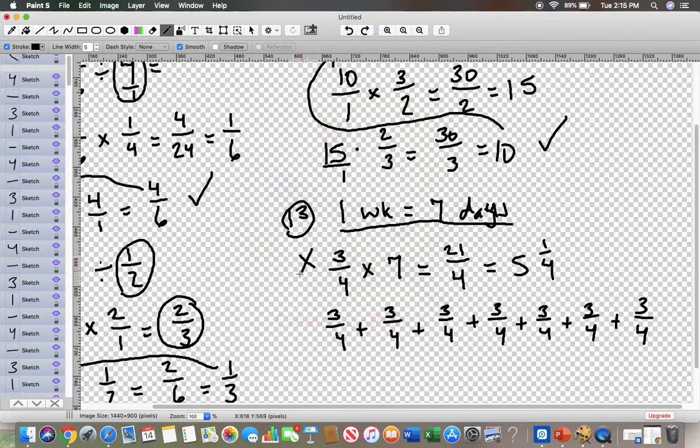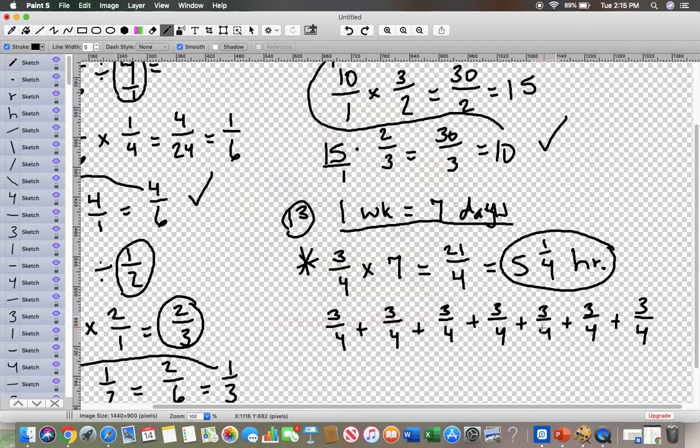This is a much simpler way to solve it, though. 5 1/4 what, though? We're missing our units. 5 1/4 weeks? No, we're asking how many hours he's going to spend in 1 week delivering papers. So he's going to spend 5 1/4 hours throwing out newspapers.